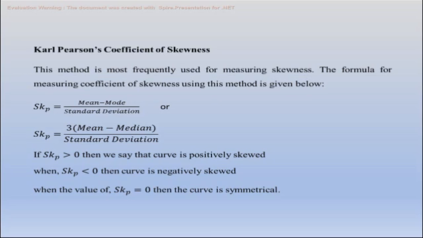The formula for measuring the coefficient of skewness using this method is mean minus mode divided by standard deviation, or 3 into mean minus median divided by standard deviation. If Karl Pearson's coefficient of skewness is greater than 0, then we can say that the curve is positively skewed.